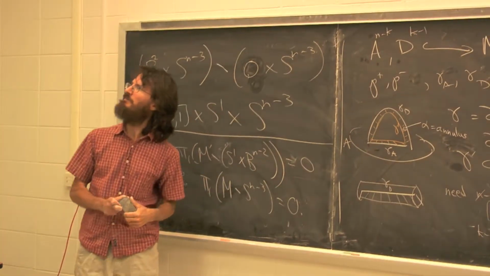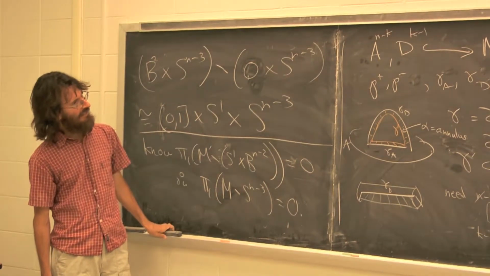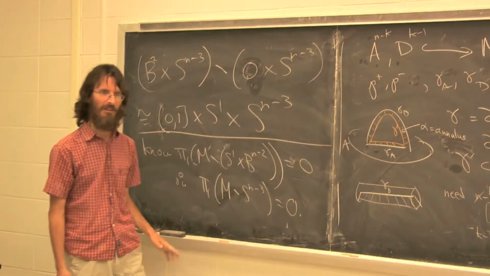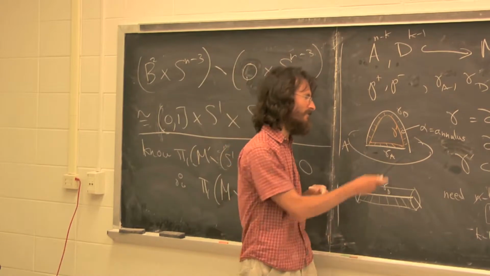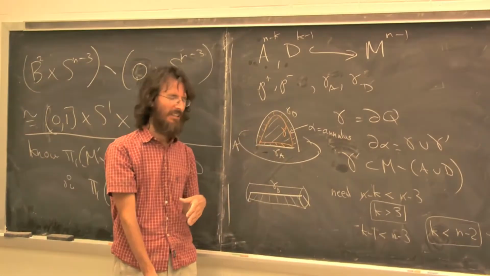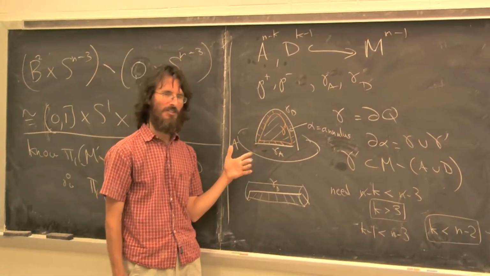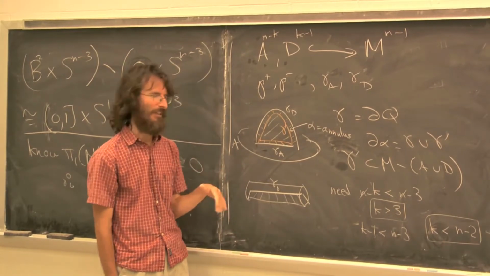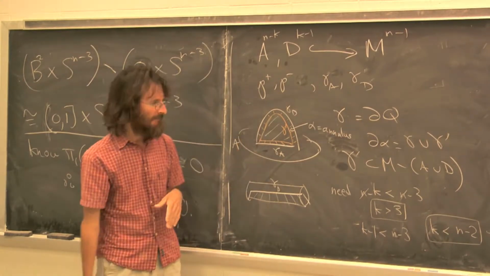And so, let's see. I think I will skip the details about how, once you get this embedded disk as a complement, then you can probably figure out for yourself, or there are places where it's written down carefully how to think about this model.